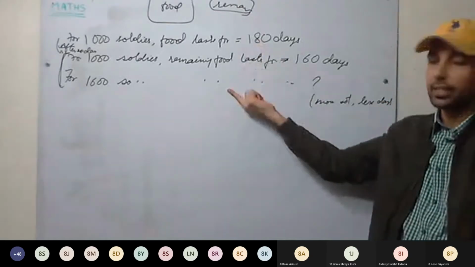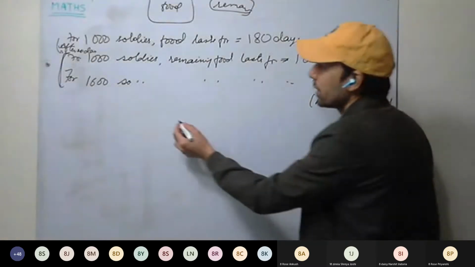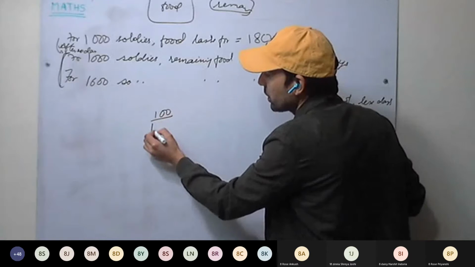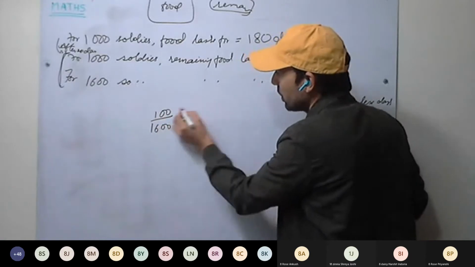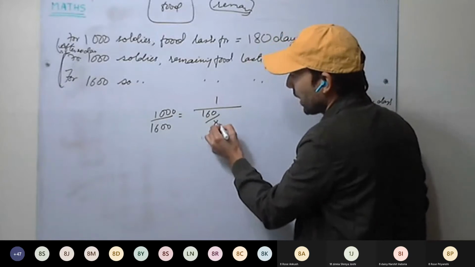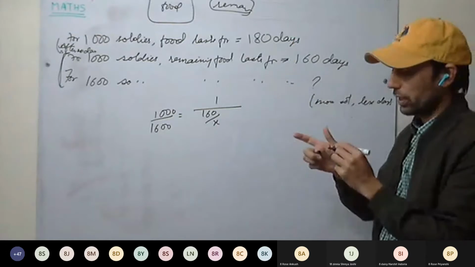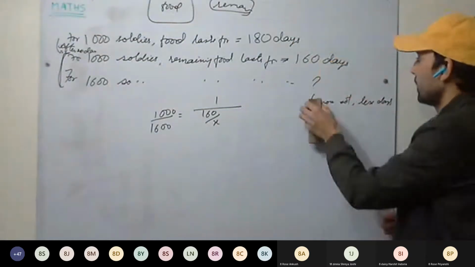Inverse variation is there, we already saw. So now calculate it. One way is 1000 upon 1600 equal to 1 divided by 160 upon x. Okay, x is the number of days it will last for. Okay, another way to solve.